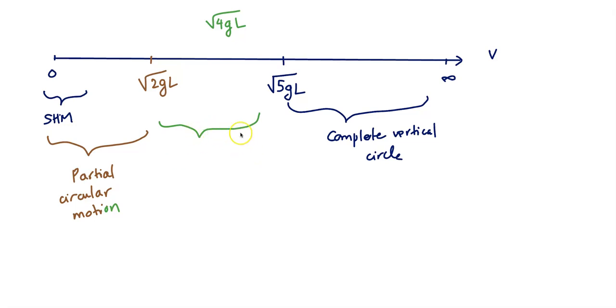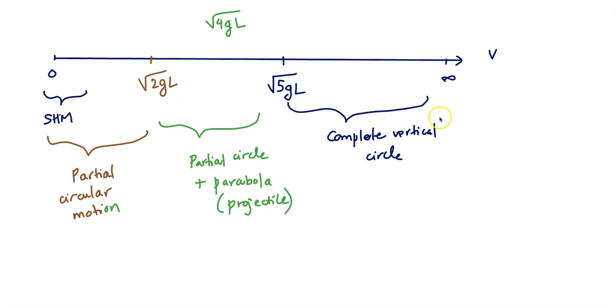So that's going to be a projectile, so that's parabolic motion. So it's going to be partial circle and then a parabola, which is basically what you get when you release a projectile at an angle.